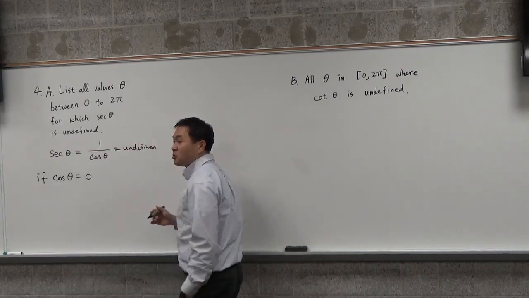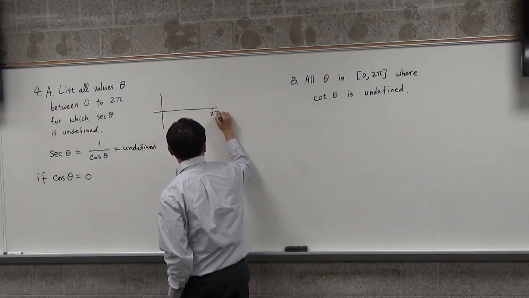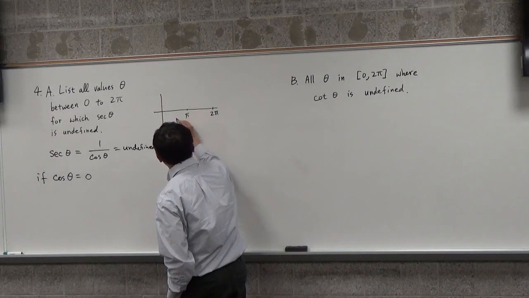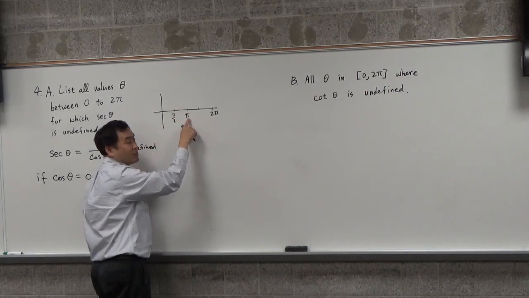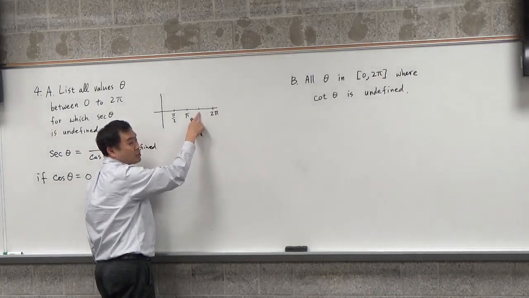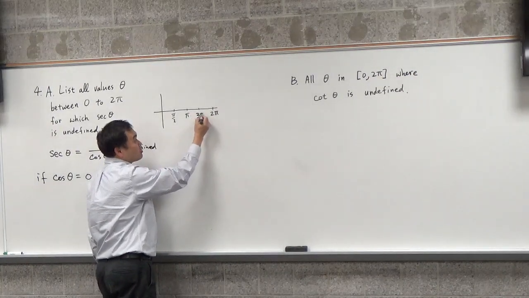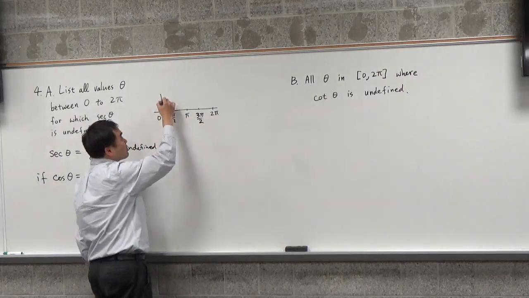But then all you have to invoke is the graph of the cosine. We all know the graph of cosine, right? Here's 2 pi, here's pi over 2. What is this point, midpoint? Pi plus 2 pi is 3 pi, and what do you have to do? Divide by 2. Right? This is 0. And then just draw the graph of the cosine.